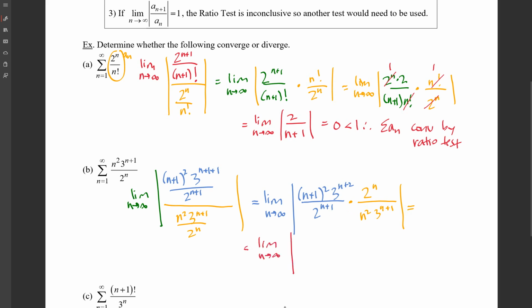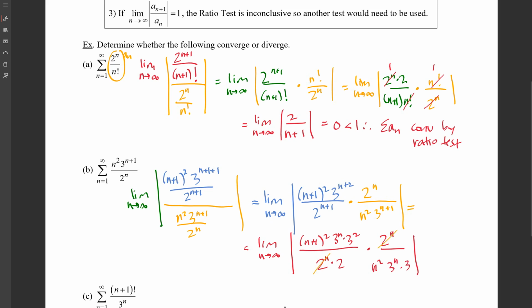This is n plus 1, the quantity n plus 1 squared. This is really the same as 3 to the n times 3 squared over, remember, this right here is really the same as 2 to the n times 2 to the 1. Over here I have 2 to the n over n squared times 3 to the n, and this is really 3 to the n times 3. All right, so let's see what cancels out here.